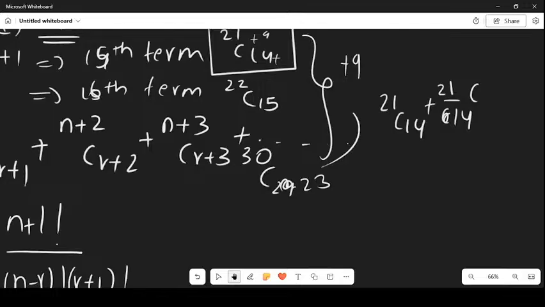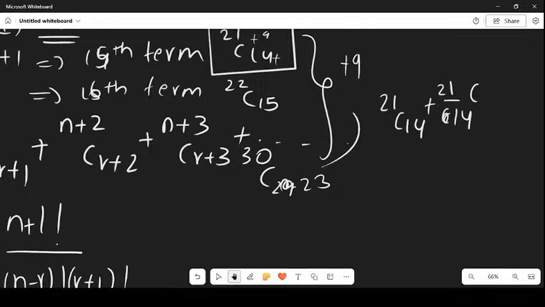So it's basically in the form of nCr plus n plus 1 Cr plus 1, n plus 2 Cr plus 2, n plus 3 Cr plus 3, and so on.